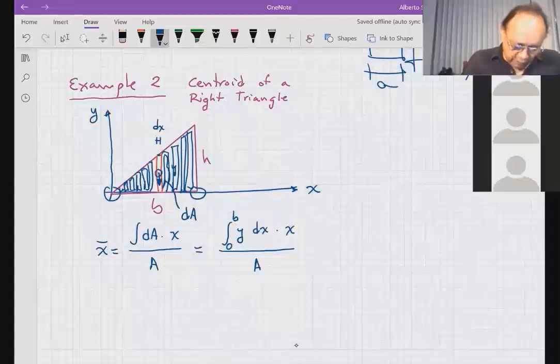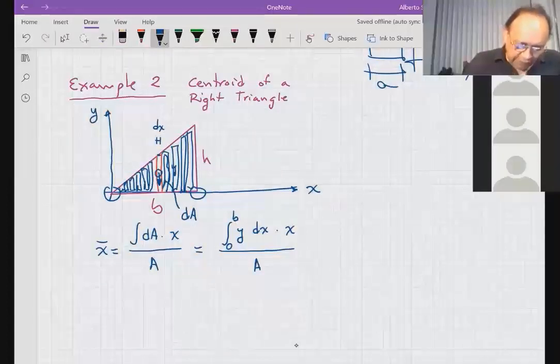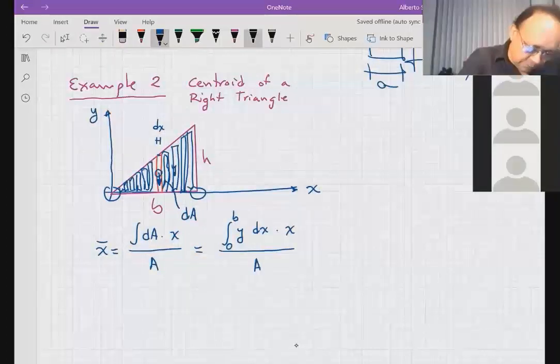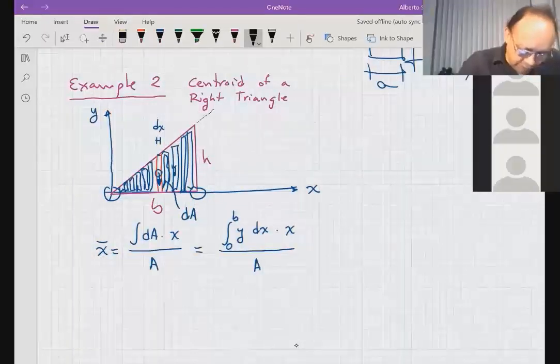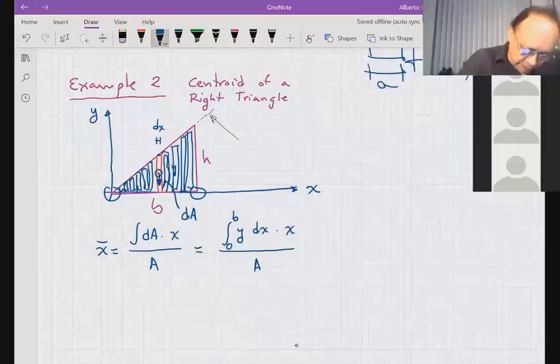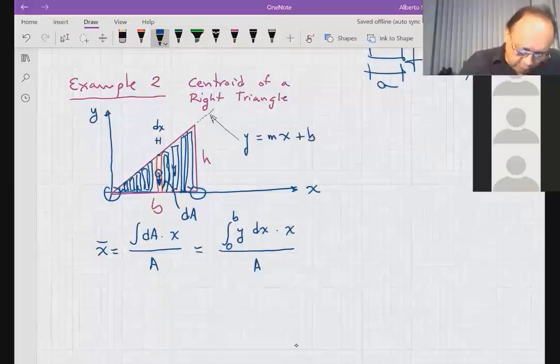So the only thing that we need to do is to express y as a function of x in order to do the integral. So if we know that this triangle, the hypotenuse is part of this line. This line is a line that has an equation. This equation of a straight line mx plus b, right? With m is the slope.